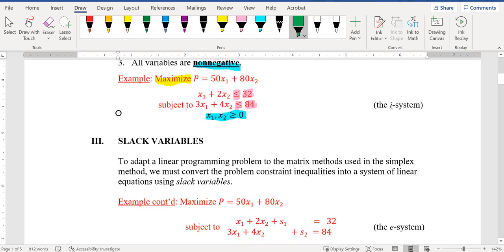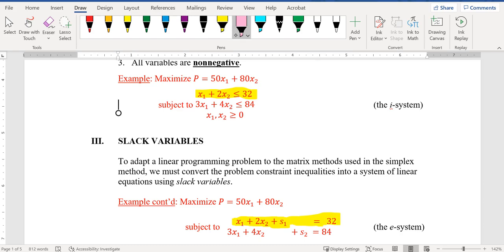Looking at our problem, do you see how we have x1 plus 2x2 less than or equal to 32? If we want to convert that to an equal sign, we have to introduce what's called a slack variable. So instead of x1 plus 2x2 less than or equal to 32, I now have x1 plus 2x2 plus some slack variable s1 equals 32.